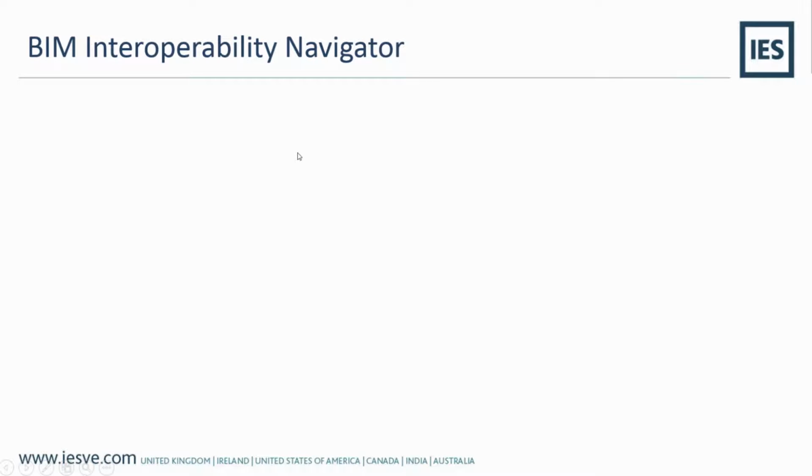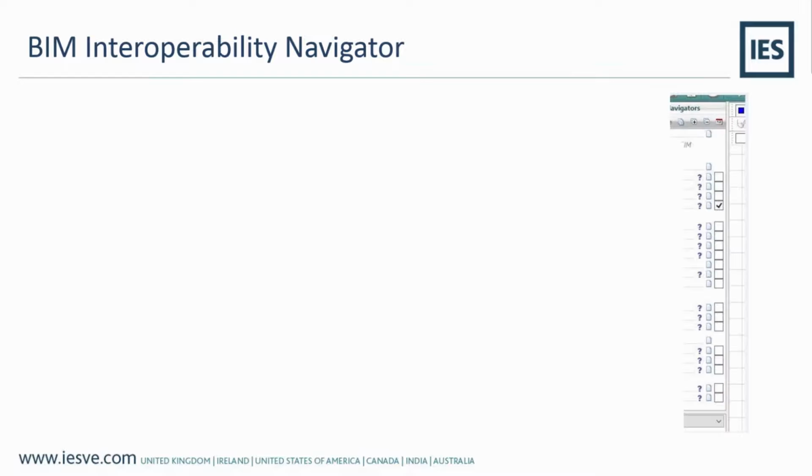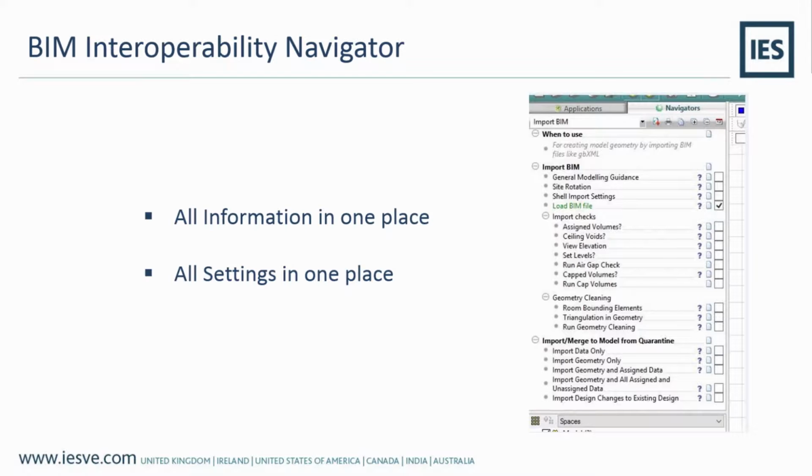So I just want to talk through what we've actually produced for the Interoperability Navigator first of all. So why have we done it? We wanted to bring all the information into one place and have all the settings in one place.